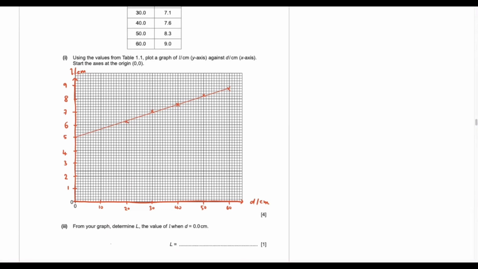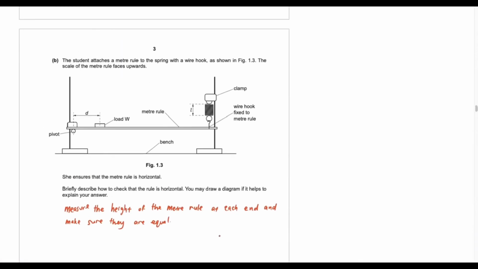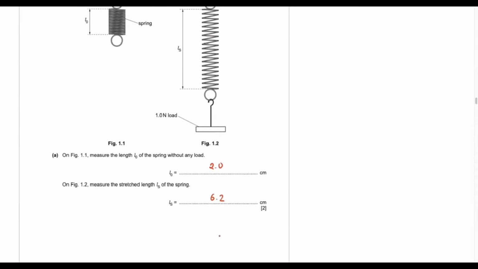Now from your graph, determine L, the value of L where D equals 0.0. So you can read here 5.0, 5.0 cm. Okay, then after that, let's continue.